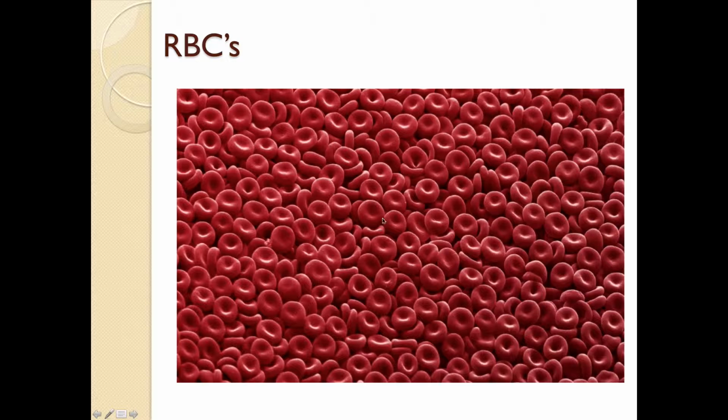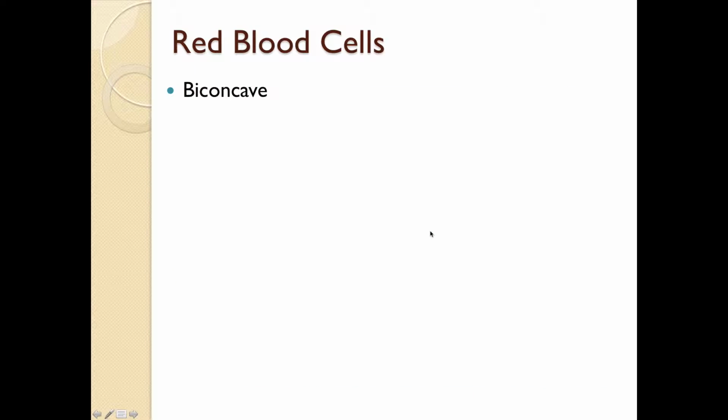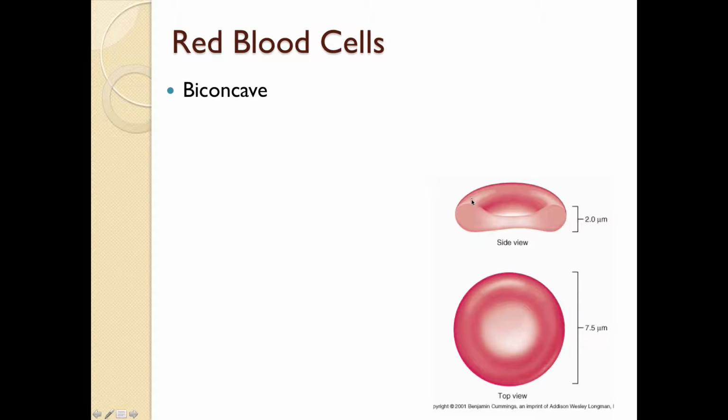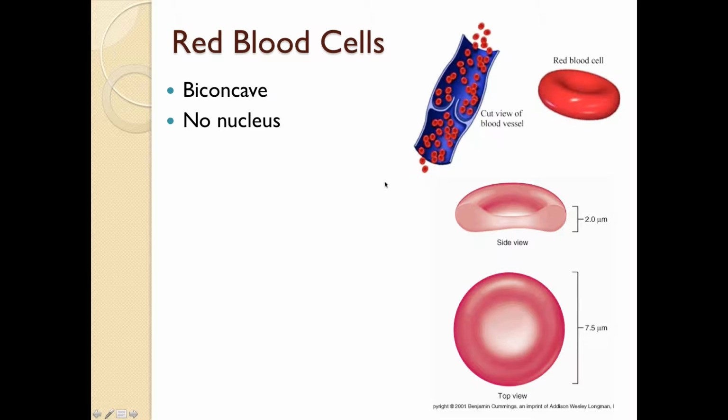And that small shape makes it easy for them to move through the microcirculation and squeeze through places without obstructing anything. So having them in this natural shape is really important. So they're biconcave, meaning there's two invaginations, one on each side. They don't have a nucleus because when they are mature, they have already extruded it in this mitotic process.